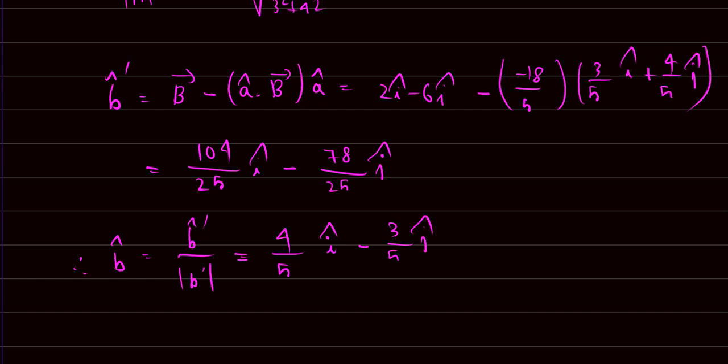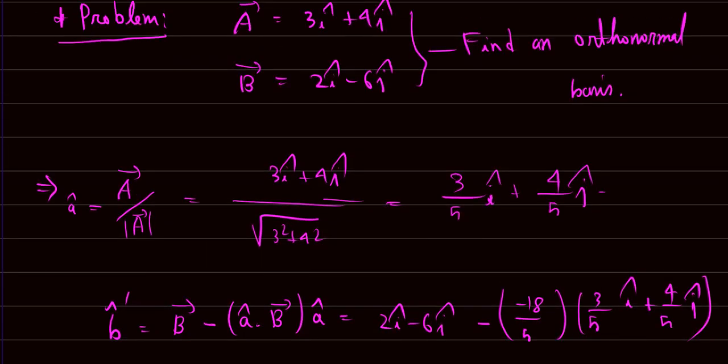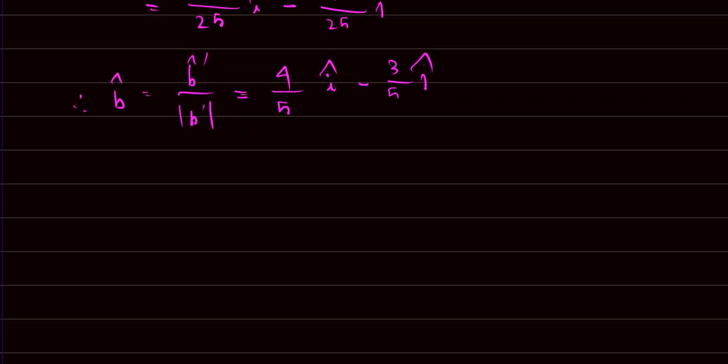So by following the procedure of the Gram-Schmidt theorem, we have got A prime, this one, and B prime, this one. Now we have to look if they are orthonormal. A cap dot B cap will give us 3 by 5 into 4 by 5 minus 4 by 5 into 3 by 5.